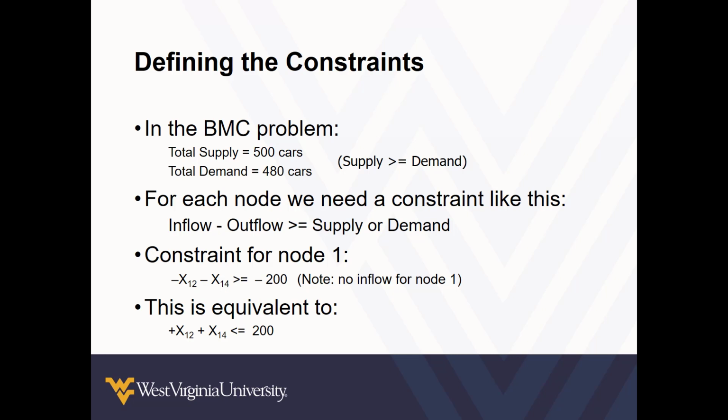This is equivalent, however, to x12 plus x14 being less than or equal to 200. And if that isn't quite gelling, the example is described in great detail in the text, and once we convert this and put this into Excel, I have a hunch it's going to make just a little bit more sense.